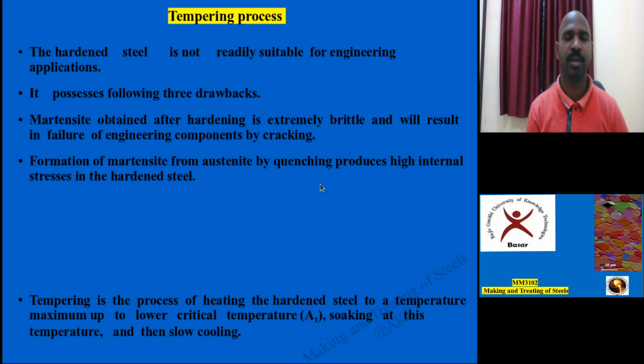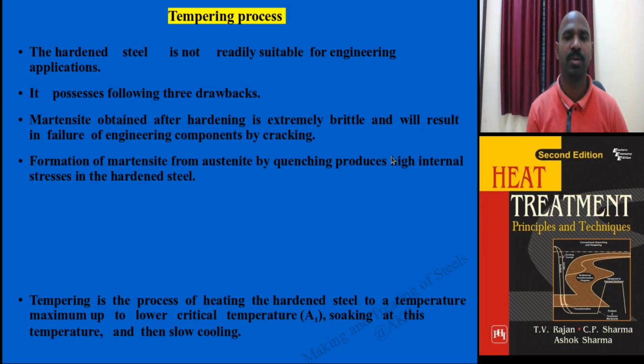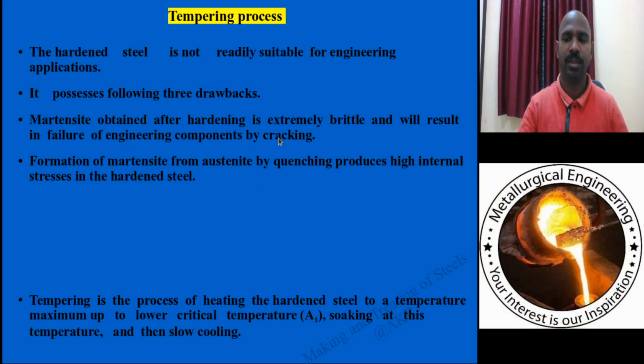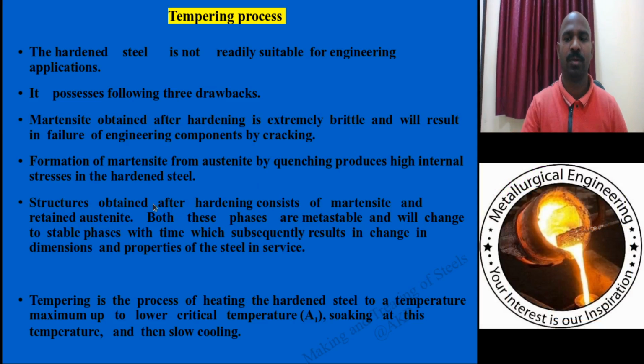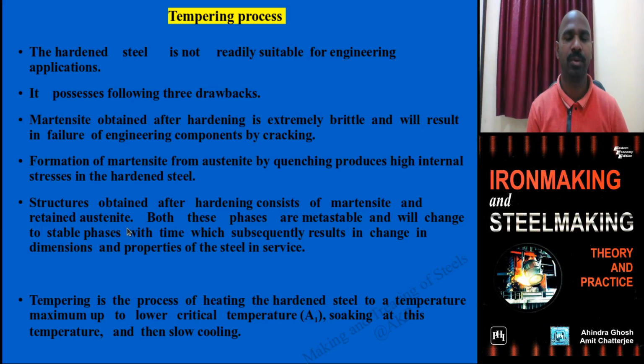So how do you avoid these internal stresses, and how do you decrease the brittle nature and increase the ductility? These are the two problems. The third problem is the structure obtained: it is a combination of martensite and retained austenite. Both of these phases are not stable, and they change.